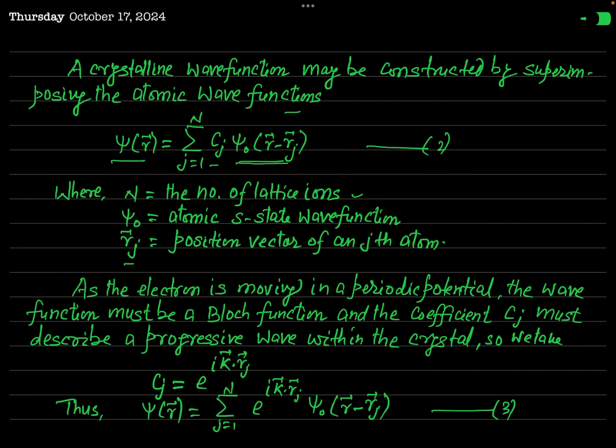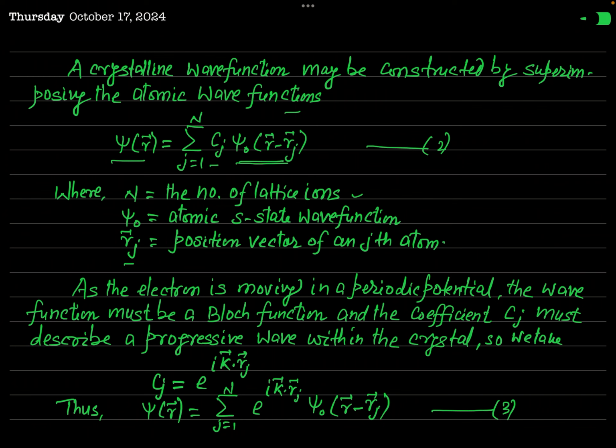Okay? However, since we are dealing with an electron in a periodic potential, the wave function must be a Bloch function, because we have learnt earlier that whenever an electron moves in a periodically varying potential, the wave function of the electron is a Bloch function. And here we have considered that our electron is moving inside a crystal, and you know inside a crystal the potential varies periodically.